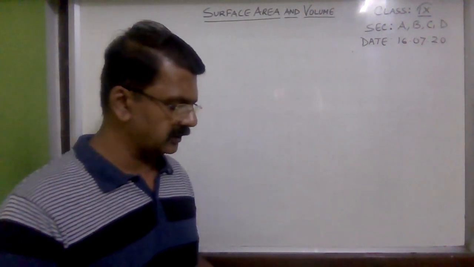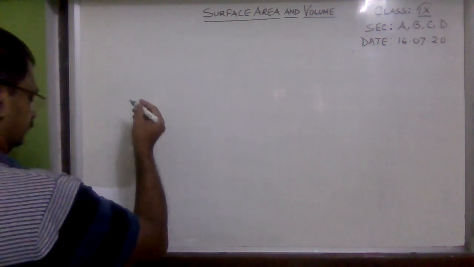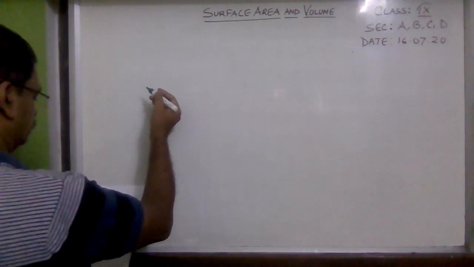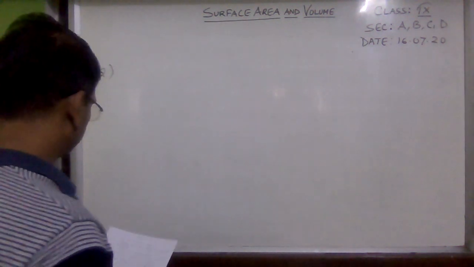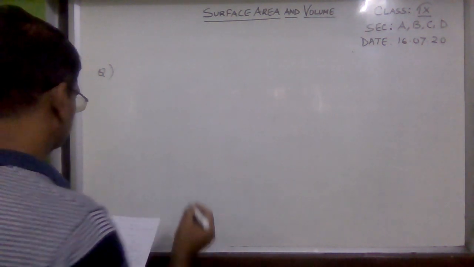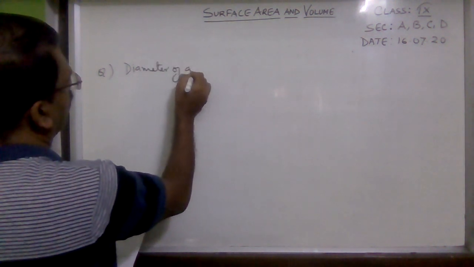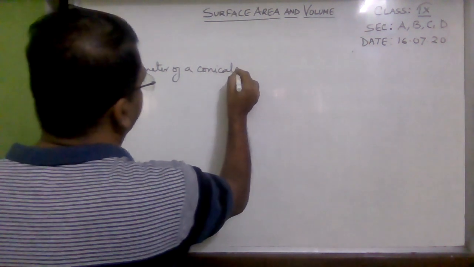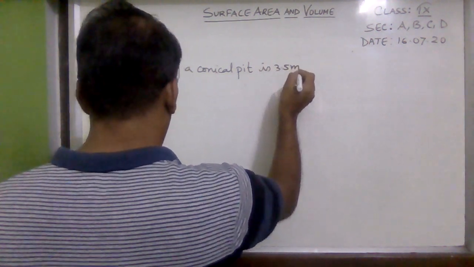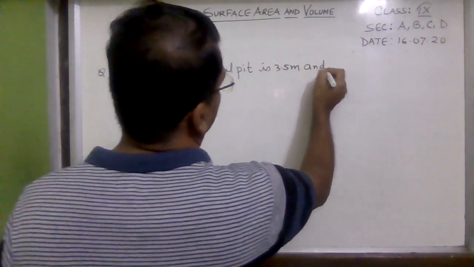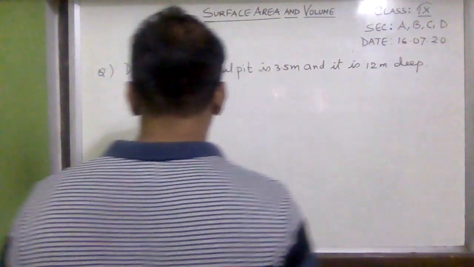Now, the next question. The next question is, diameter of a conical pit is 3.5 meter and it is 12 meter deep.